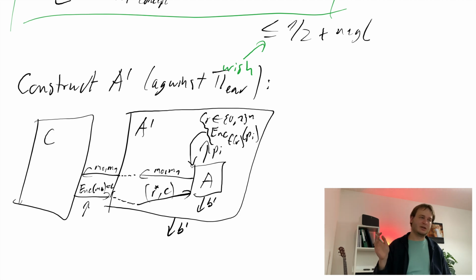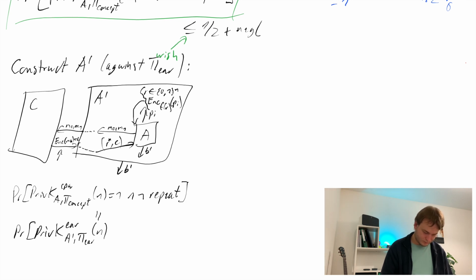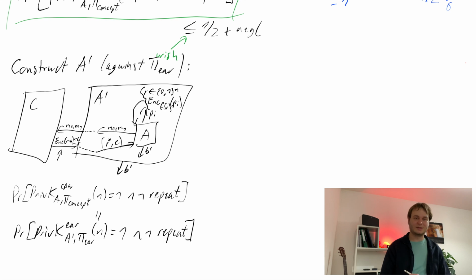For A, it will look like it's playing against the conceptual scheme. And overall, if A outputs the correct bit b prime, then also A prime will output the correct bit b prime. So to be a bit more formal about this, these two probabilities are equal.